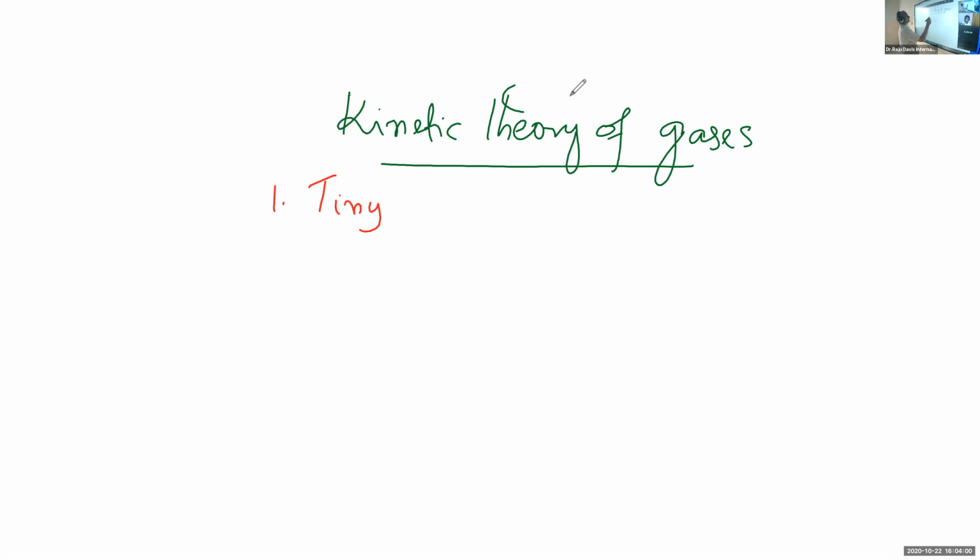That is the first assumption according to the kinetic theory of gases. This you need not study for our purpose. I am giving you the postulates of the kinetic theory of gases. So the first point is this: a gas contains a large number of very small particles called molecules.